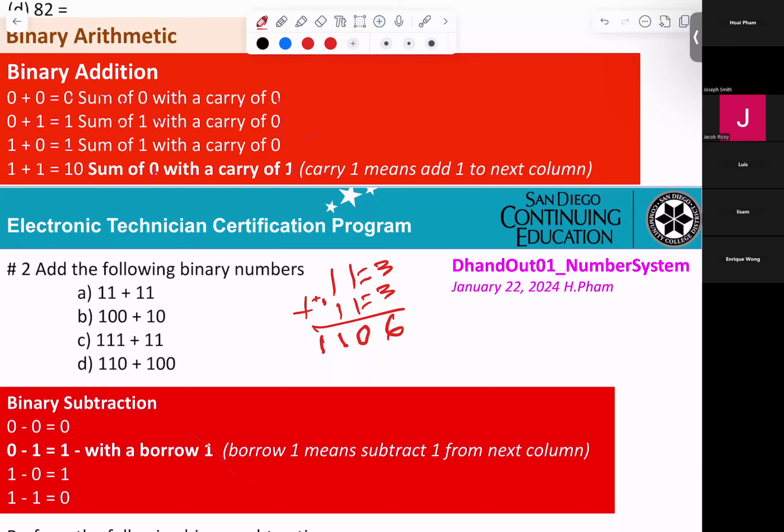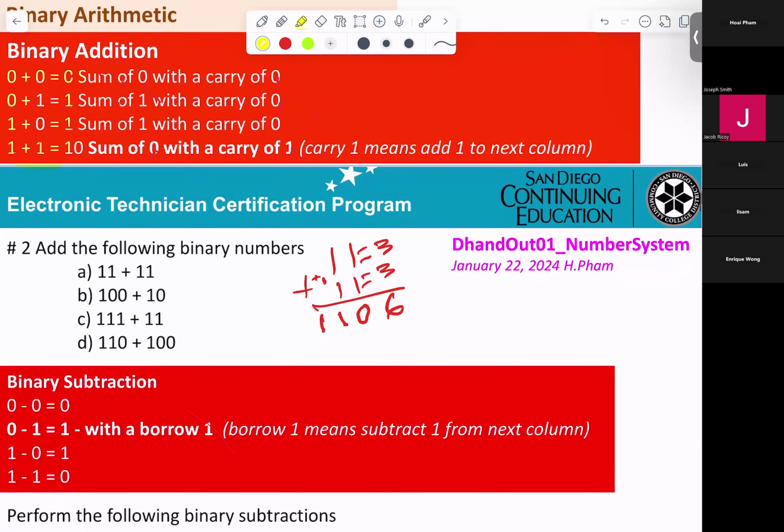Only thing is, this is the 1 you have to know. The only difference is 1 adding 1. Answer will be 0. Carry 1. And also they're telling you, carry 1, that means adding 1 to the next column.